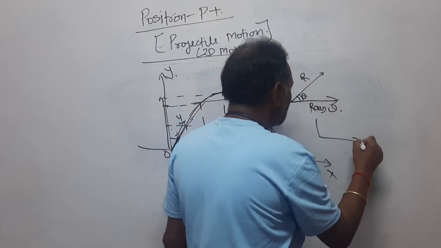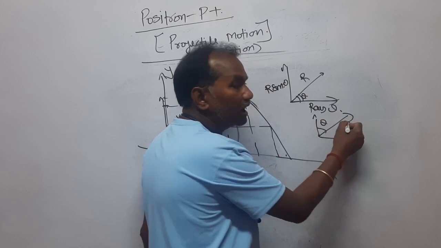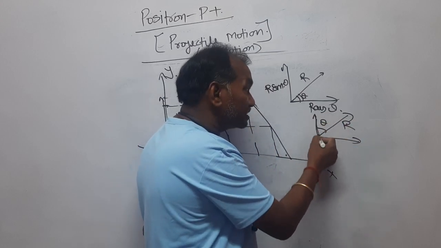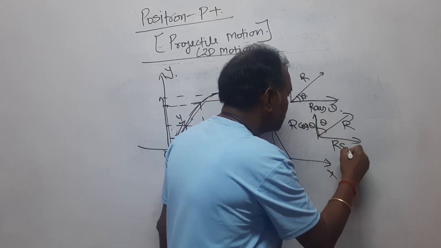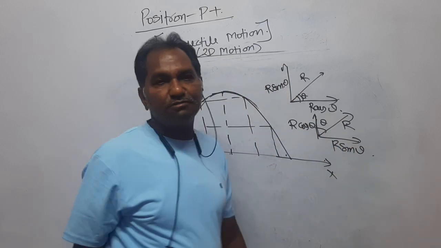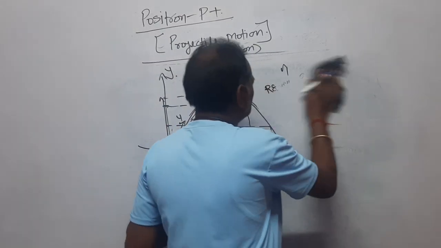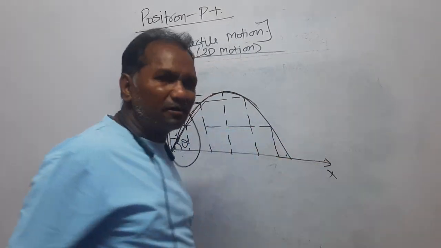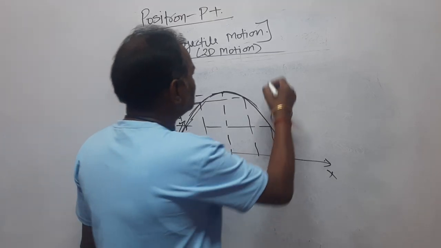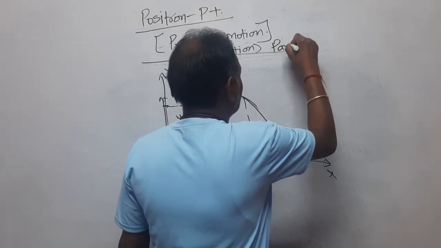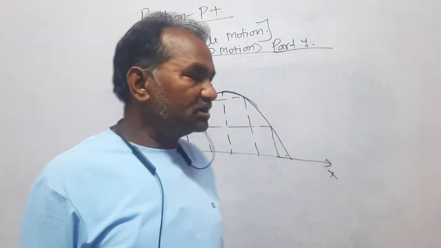For example, let this angle be theta and this be r, then the adjacent component is this, that will be cos, and the component away from the angle is this, that would be sine. You should remember this because every time it is not possible for you to work out cos and sine afresh, right? Dear students, this is the first part of projectile motion, part 1. In 2 lectures I will finish this.